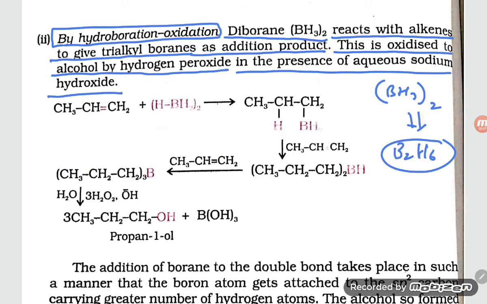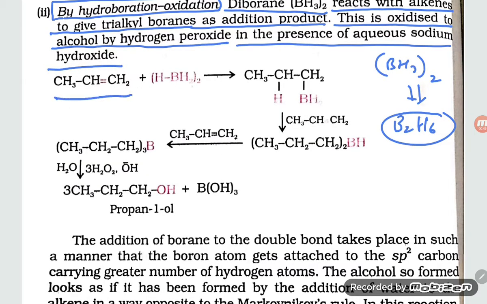So like that, propene is there, student. This is reacting with the diborane. So how is the reaction taking place, student? The HBH2 is getting added with the propene, and then one more propene is getting added.